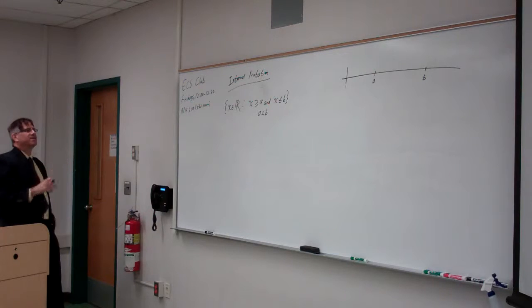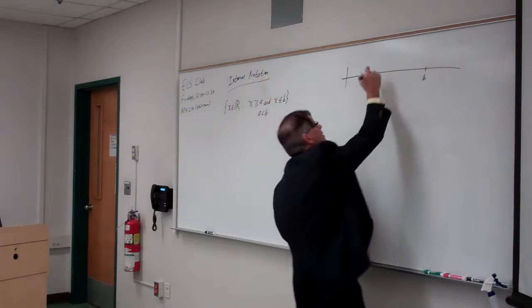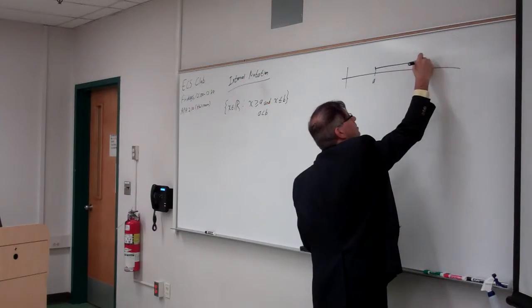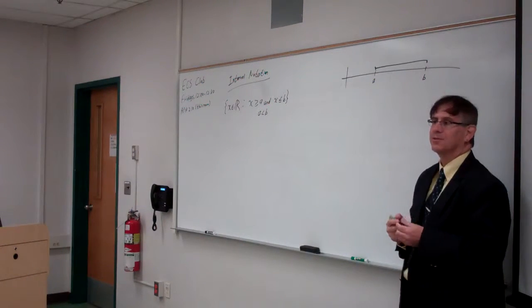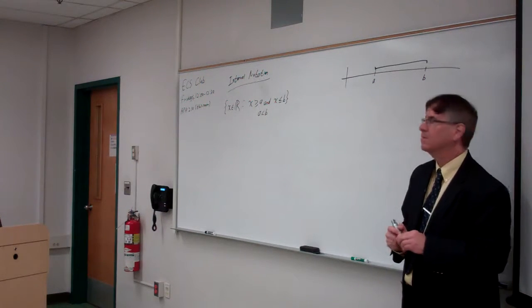So on a number line, A is sitting to the left of B. So this set describes this point and everything in between. Okay, so it's an interval. It's an interval starting at A and ending at B and including the endpoints.